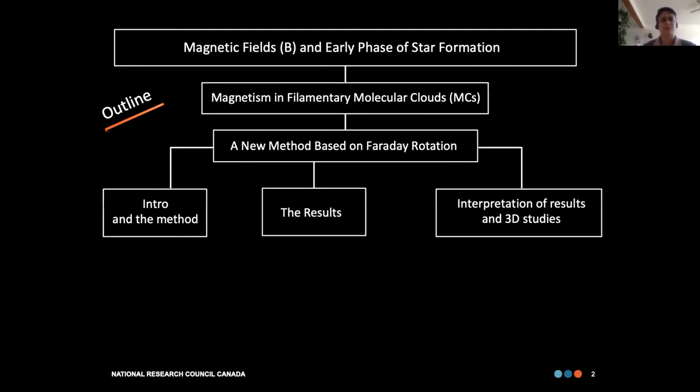First, I'll give a brief introduction and introduce the method, and then I'll talk about the results that we got from applying the method in different clouds and different regions. And then I'll talk about the interpretation of the results when we try to develop a full 3D picture of magnetic field in these clouds. So as we go along, this last box will be divided into three sub-branches that are the projects that we carried out to interpret our result.